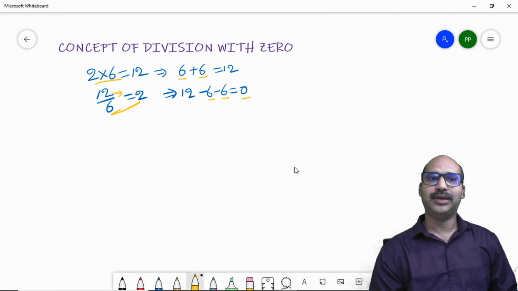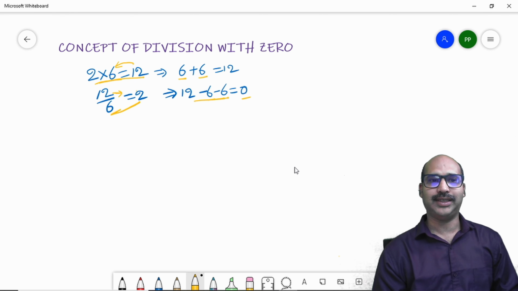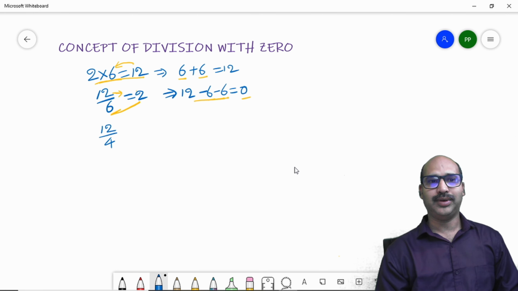So here 2 into 6 is equal to 12, and 12 divided by 6 is equal to 2. If 6 is subtracted 2 times from 12, we get 0 as the result. Based on this concept, let us see 12 by 4 is equal to 3.